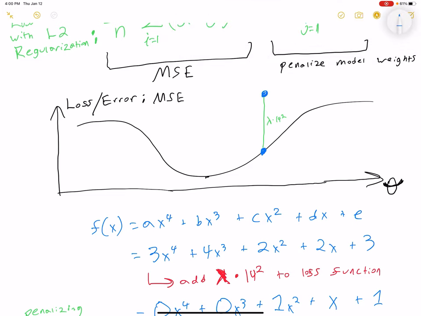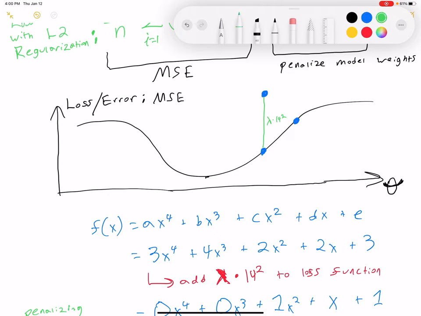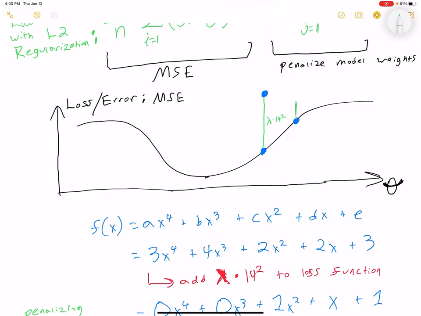So now our actual loss is up here. But let's say we had learned these other values, which at baseline have a higher MSE, but where lambda times 3 squared is much smaller than lambda times 14 squared.